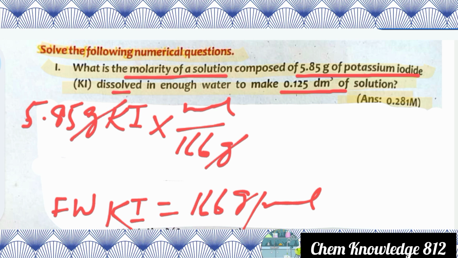Gram will be cancelled, and we have the volume of 0.125 cubic decimeter. A decimeter cube is also equal to liter.